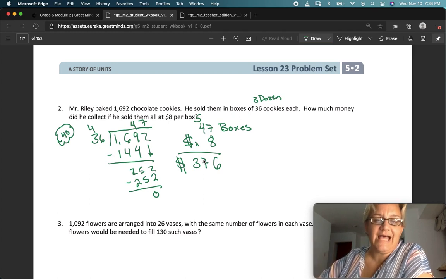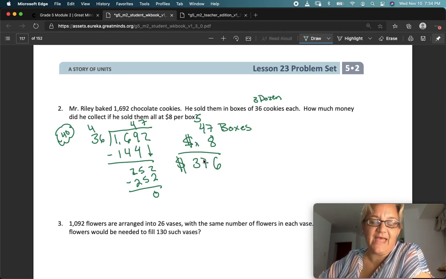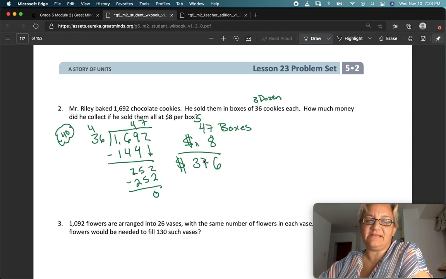There it is. How much money did he collect if he sold them at $8 per box? Now, we don't know how much it cost them to make them, so we would actually have to subtract how much it cost to make them to see what his profit was, but he did take home $376 that day.